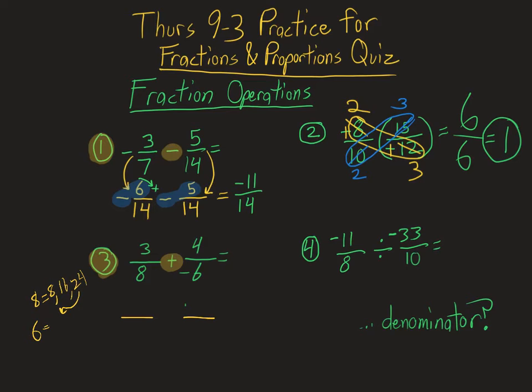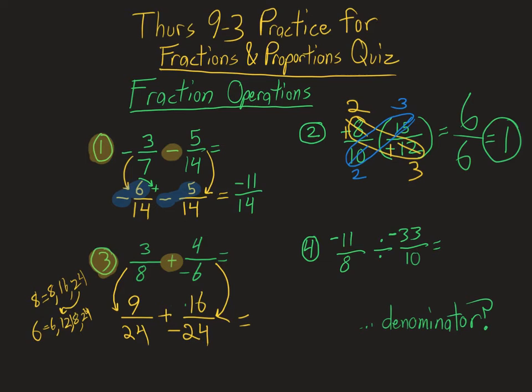I think 24 is a multiple of 6. And it is, so I'm going to use 24. Don't forget the negative. 8 times 3 made 24, so I'll multiply the top by 3 as well. 6 times 4 made 24. I'll multiply the top by 4. And we're on our way.